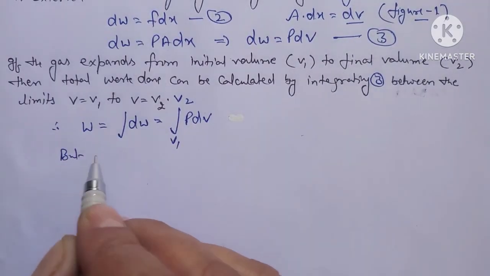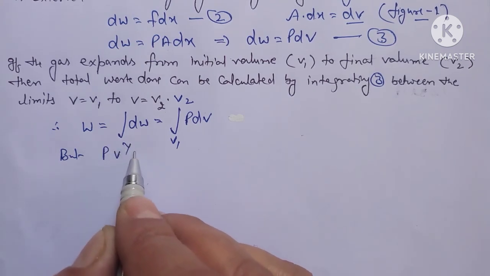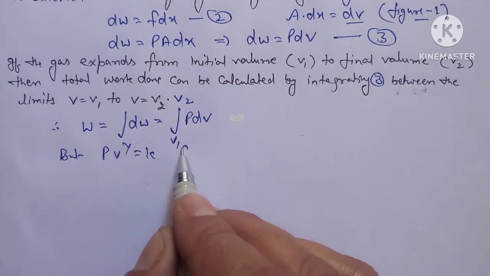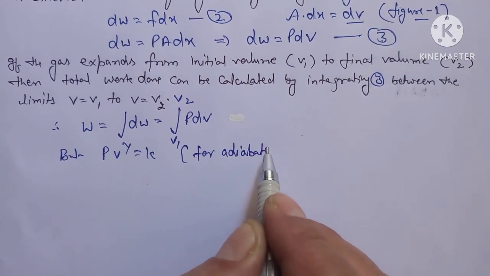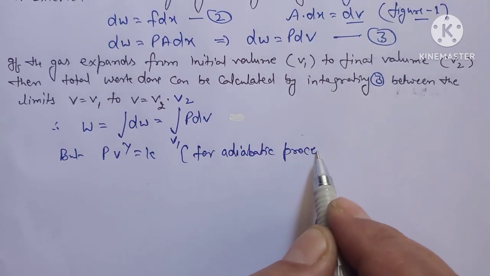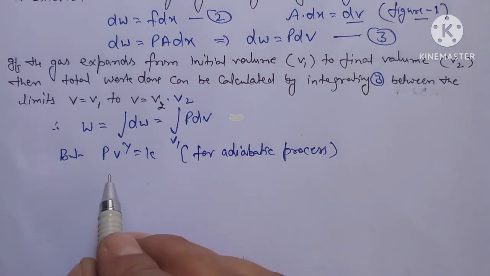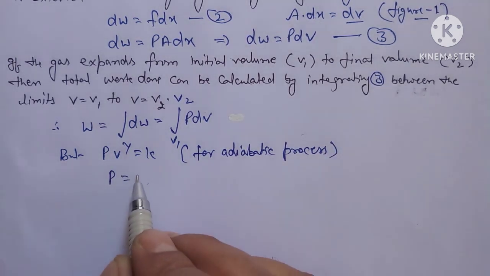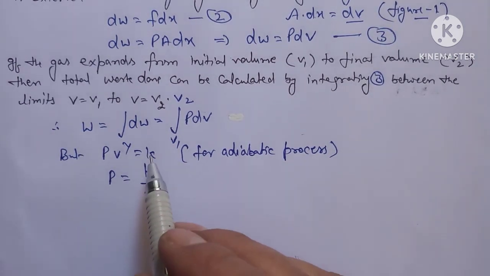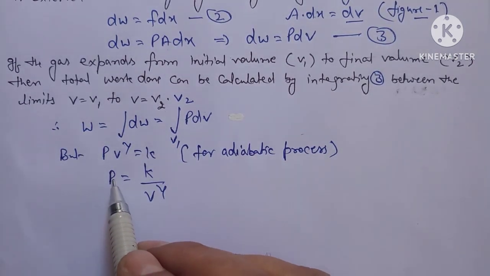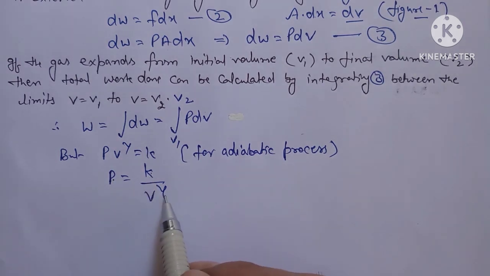We know PV^gamma equal to K for an adiabatic process. So by rearranging this, we get P is equal to K over V^gamma. Now we are going to use the value of P equal to K over V^gamma.